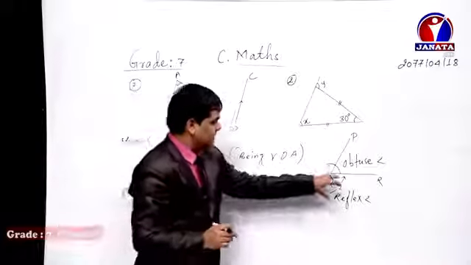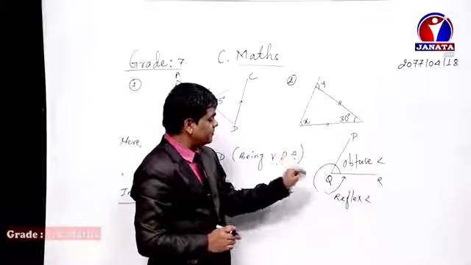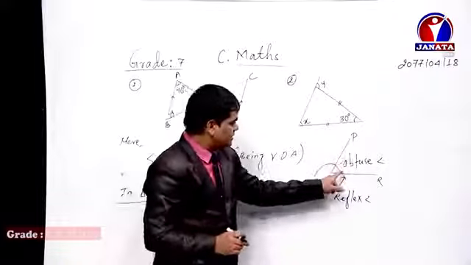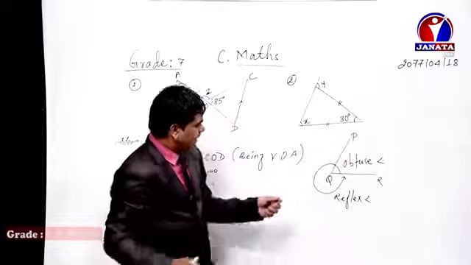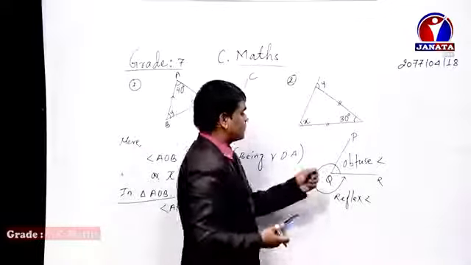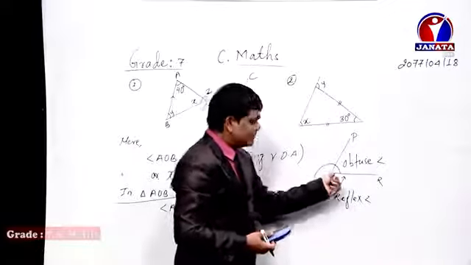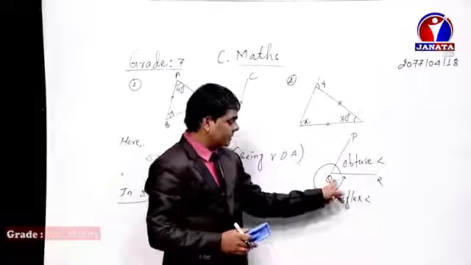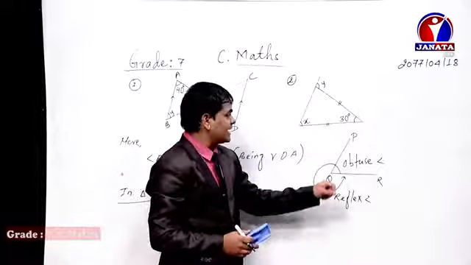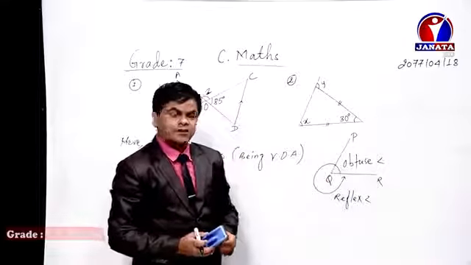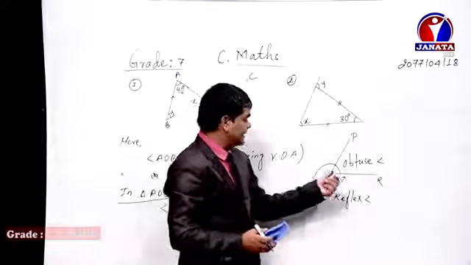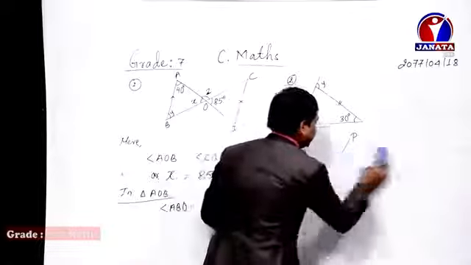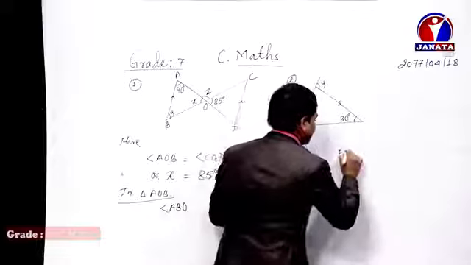So, dear student, if you want to denote the obtuse angle in three-letter form, you write it by keeping the letter Q in the middle. That is the representation of that angle PQR. So we need to write that angle as PQR.